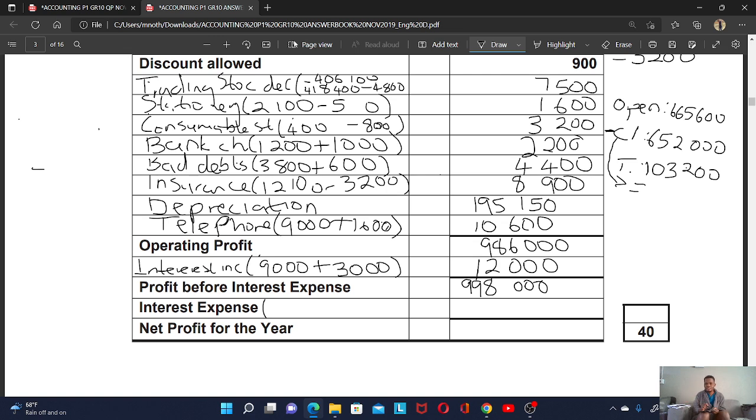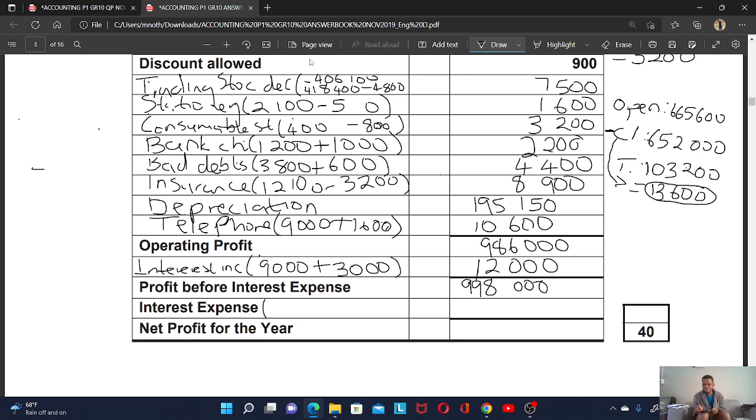The answer is 13,600. This is the amount that was paid off the loan.